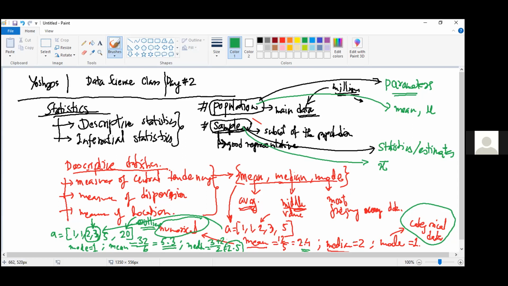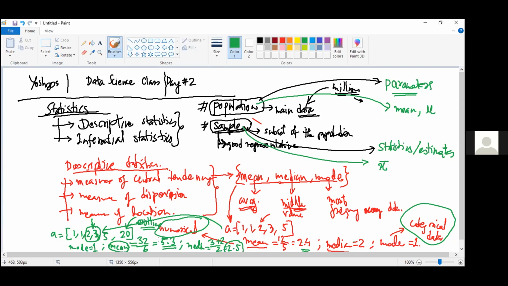Median was earlier 2, now it has become 2.5. And mode is still 1. Meaning to say, mean is the most affected measure of central tendency when outliers are present.